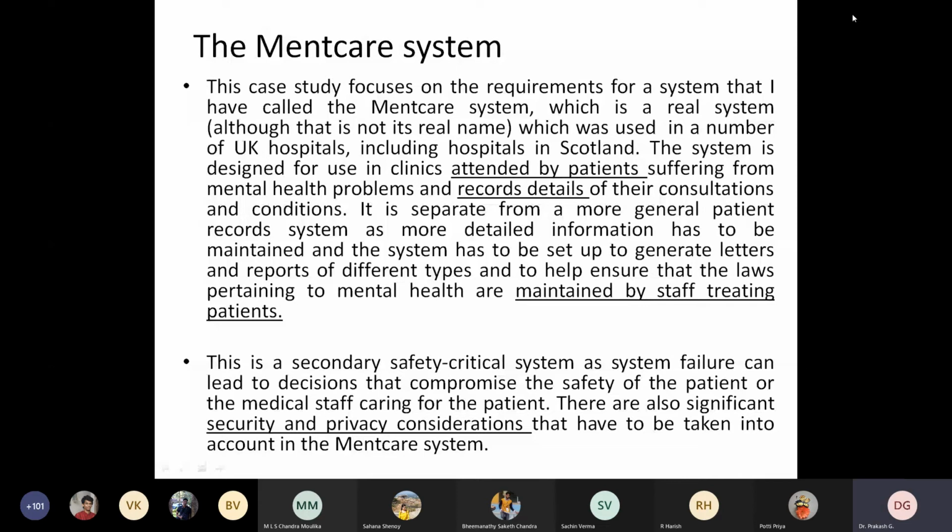In this particular analysis, you have to categorize the requirements into two types. One is functional requirement and another is non-functional requirement. The details shown in this case study, we have to think about the patient attendance, the patient record, and maintain the details about the doctors treating the patient.